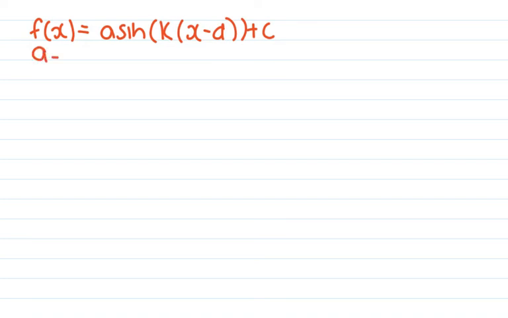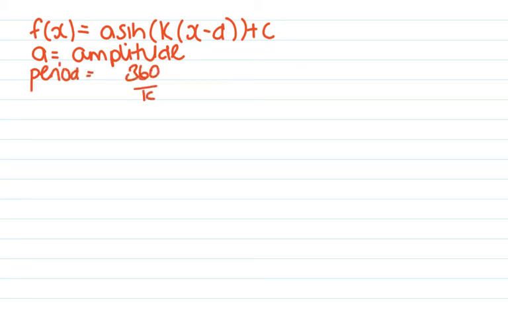A is the amplitude. The period is 360 divided by k. The equation of the axis is c. And the phase shift is d.